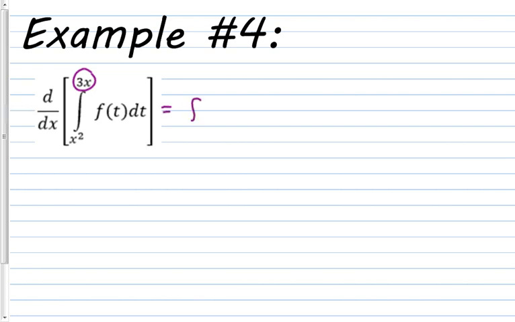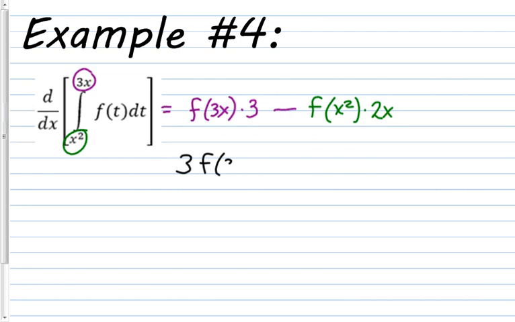So it's going to be f of 3x, but then times the derivative of that, which is 3, and then minus, and now we're going to do this one, f of x squared times the derivative of that, which is 2x. And I guess this could be rewritten, not that it's anything else but practice.